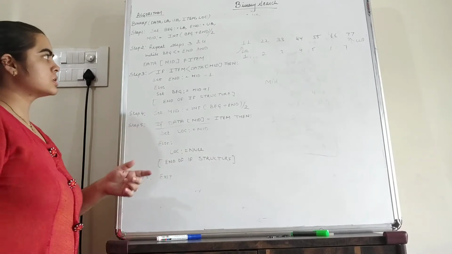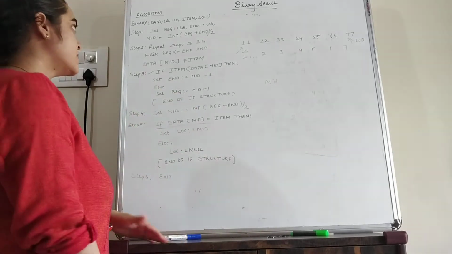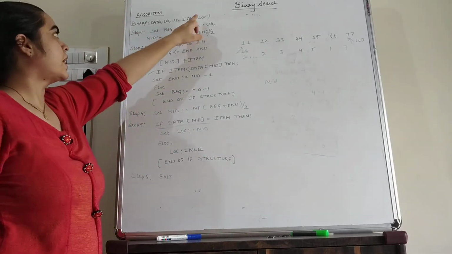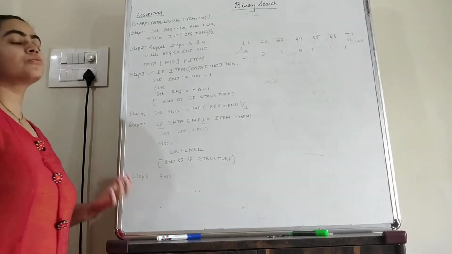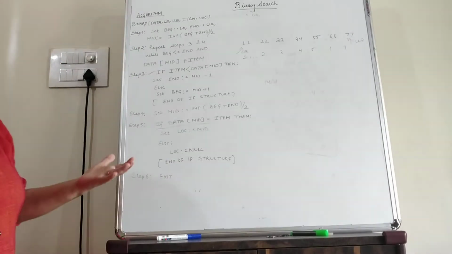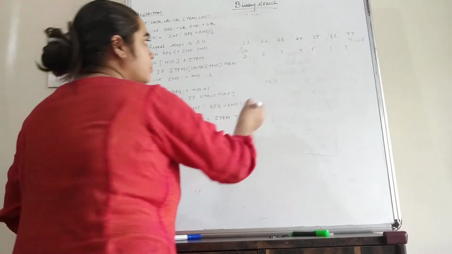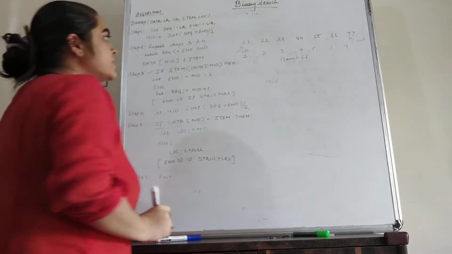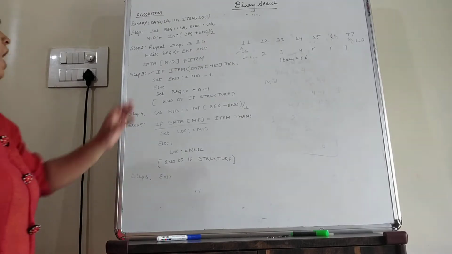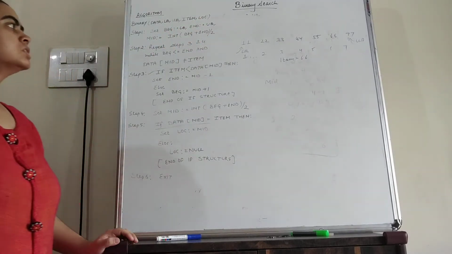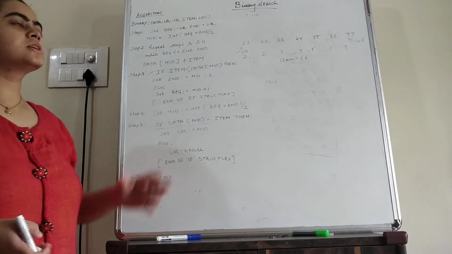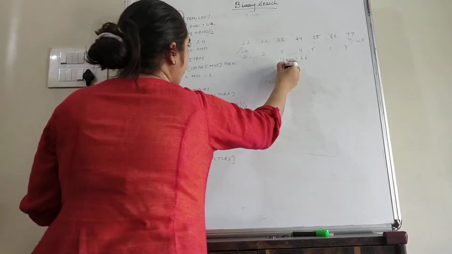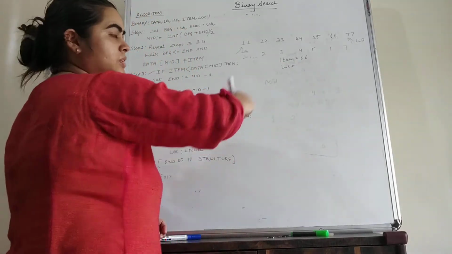So lower bound in this case is 1 and upper bound in this case is 7. After this, Item means the data element which we want to search from this list. Suppose initially the item is 66. That means we have to search 66 from this list. After this, Location means the position where this item is present. So the position or location where this item is present is 6.